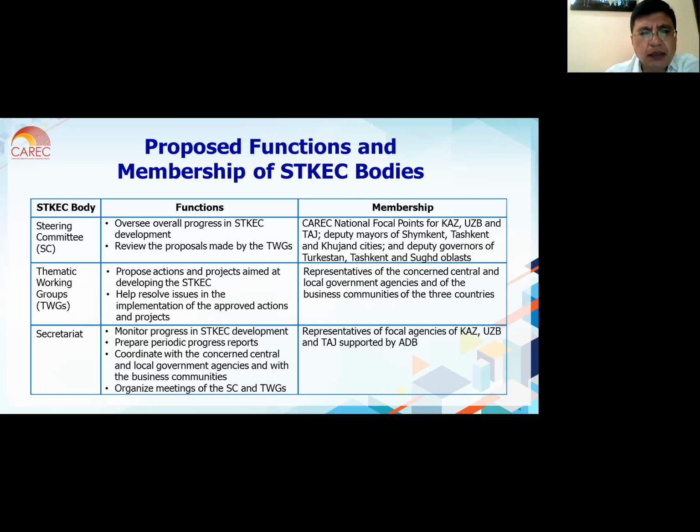Whether these thematic working groups will consist of full or part-time officials, or of full-time experts from outside public authorities, I believe this decision is reserved to the governments of the countries involved.